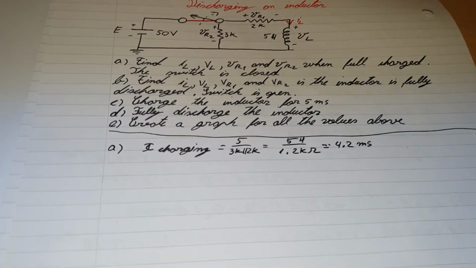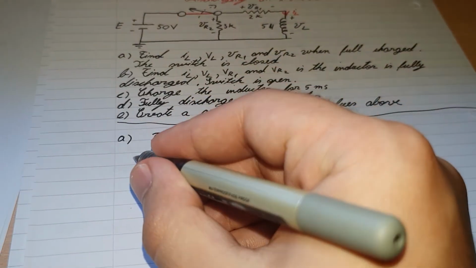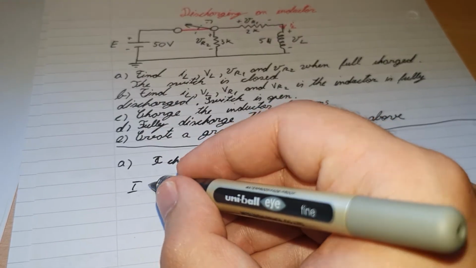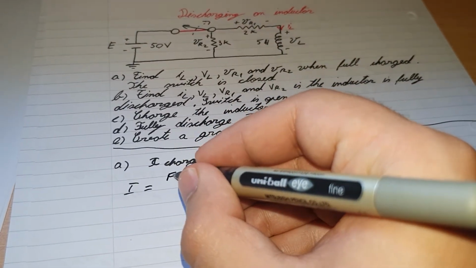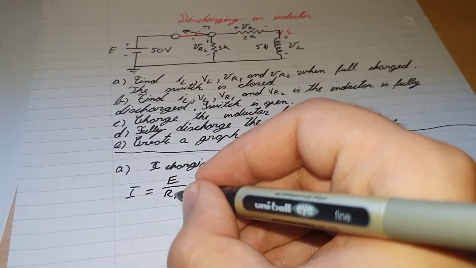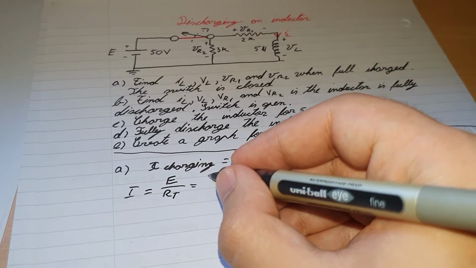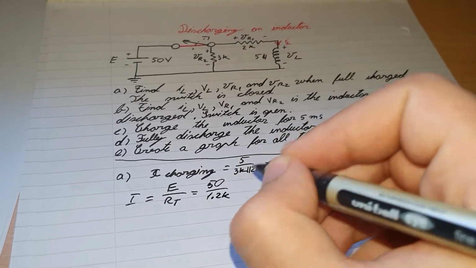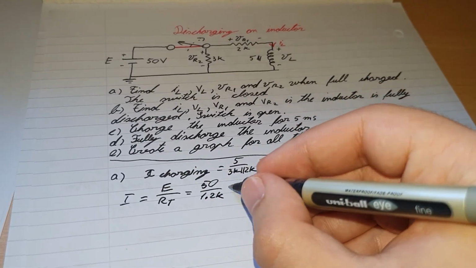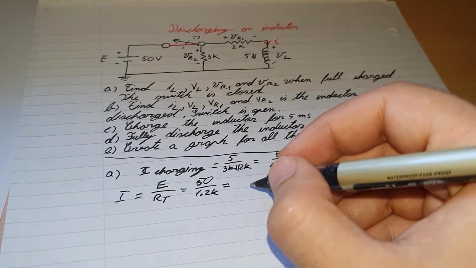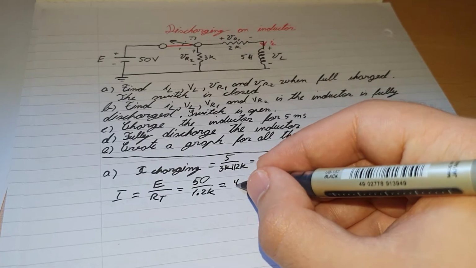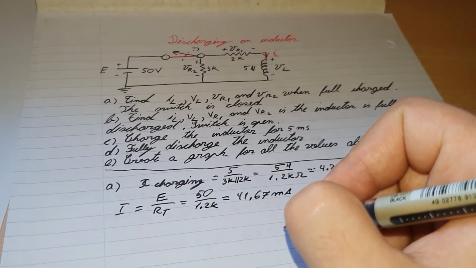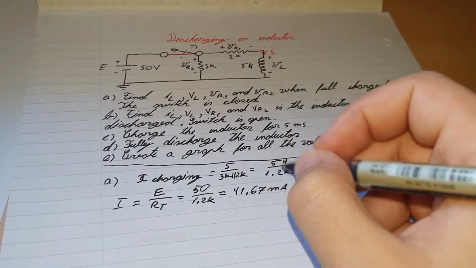Okay, so the current will be equal to E over RT, which is the total resistance, and that will be equal to 50 divided by 1.2k, and that will give us a current of 41.67 milliamps. So that will be the current going through the entire circuit.